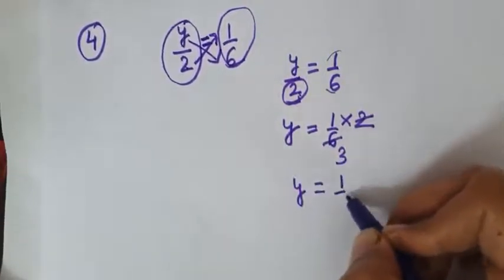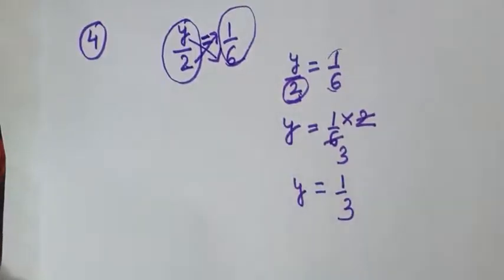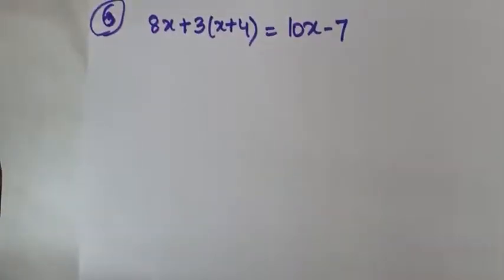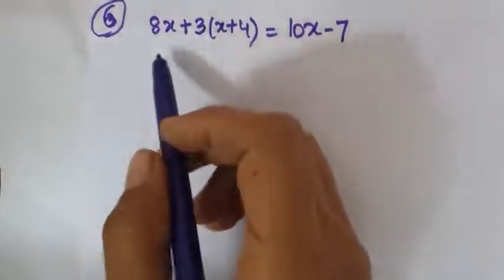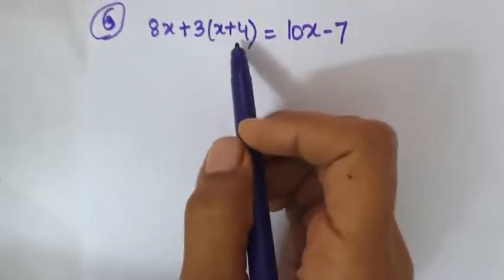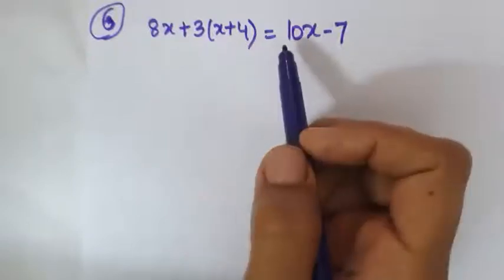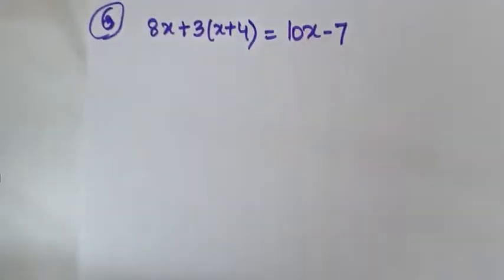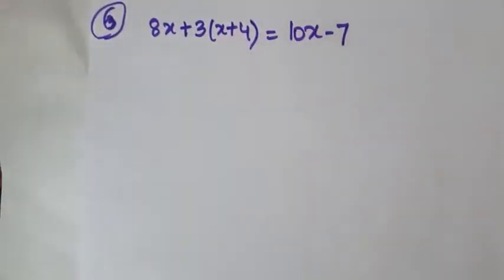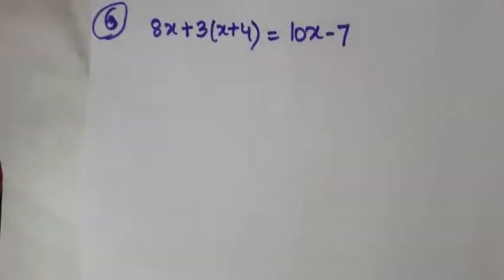Finally we get y is equal to 1 upon 3. Clear? Now the next question is 8x plus 3 in the bracket x plus 4 is equal to 10x minus 7. First of all, we will simplify the left hand side and the right hand side.